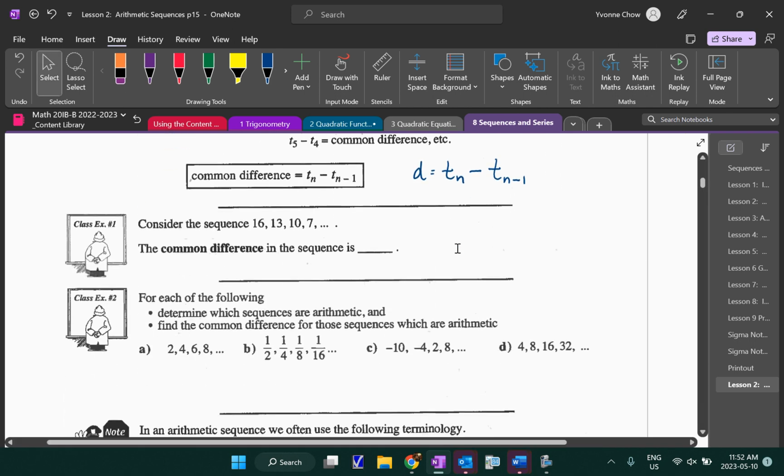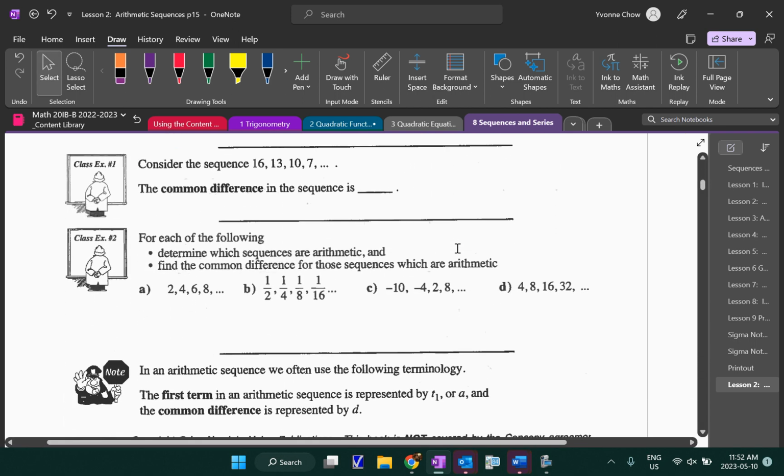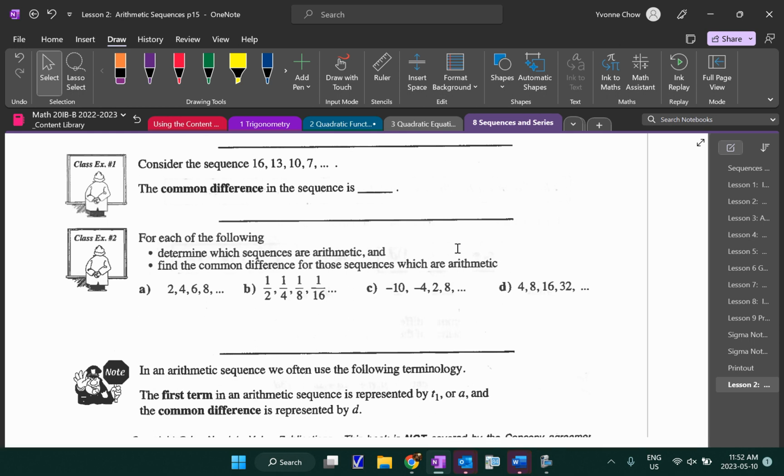If we take a look at class example number 1, the sequence 16, 13, 10, 7, we can see it's going down, so we know the common difference is negative. If you wanted to calculate it, the difference is term 2 minus term 1, or term 3 minus term 2.